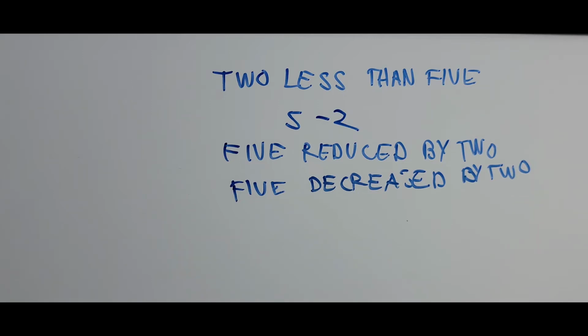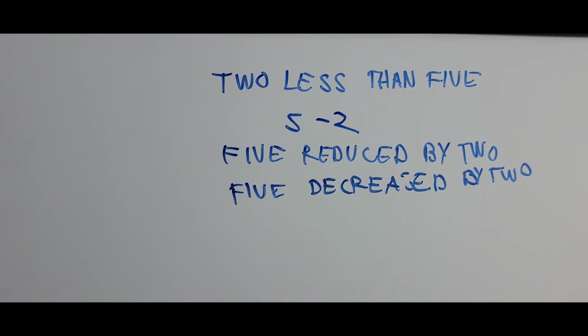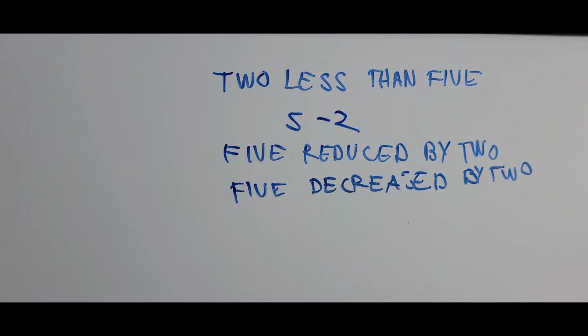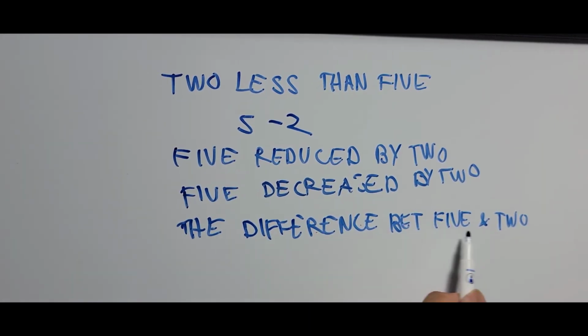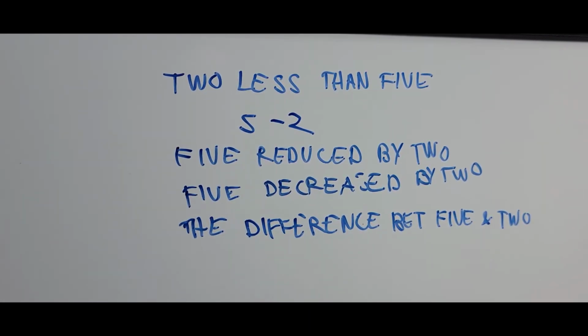That's the same way. So there are many ways to express that in words. But when you translate that into an algebraic or numerical expression, it will be a little tricky. And the other way to express that also is the difference between 5 and 2, right? The difference between 5 and 2. If you write it down, it cannot be 2 minus 5, right?